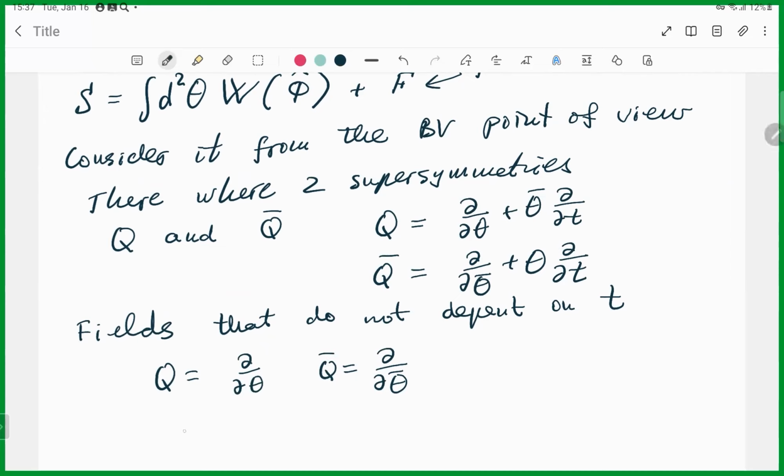We decompose superfield phi as phi plus theta psi plus theta bar psi bar plus theta theta bar f.